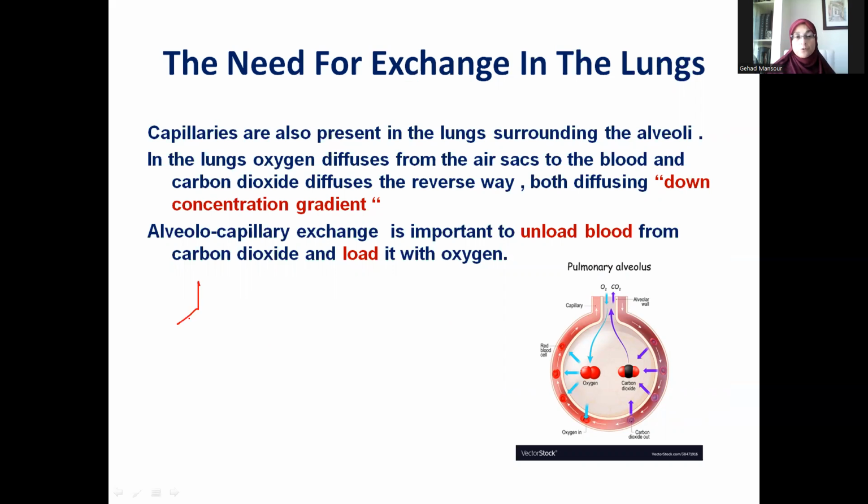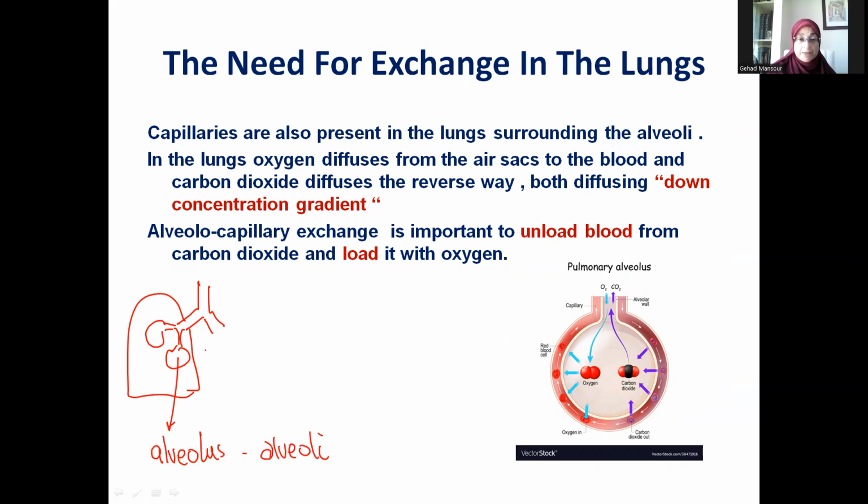You know that your lungs consist of spongy tissue, and that spongy tissue is because there are air sacs in the lungs, or alveoli. The singular is alveolus, and the plural is alveoli. Those alveoli contain air that is compressible, and therefore the lungs have a spongy appearance.